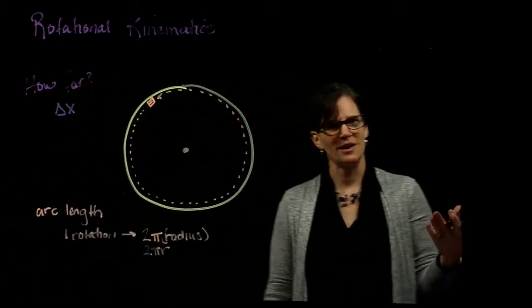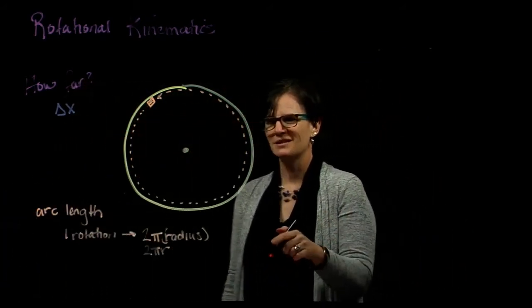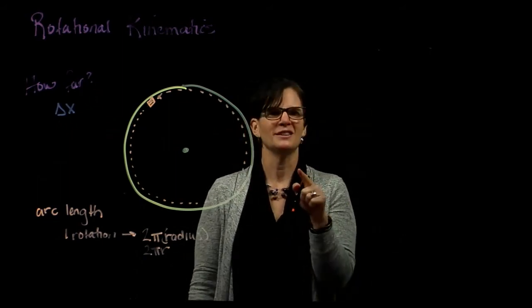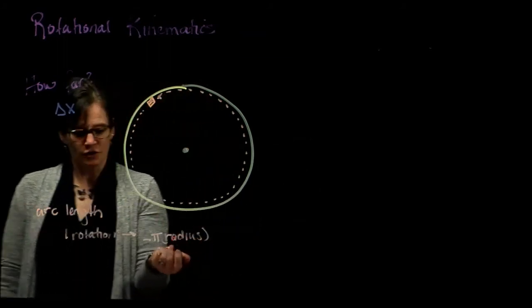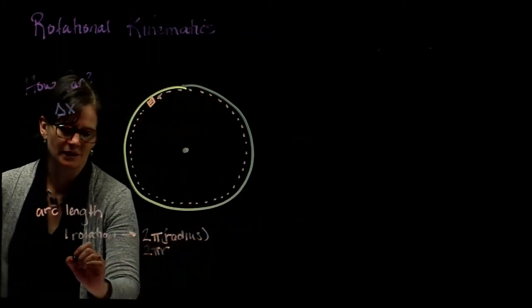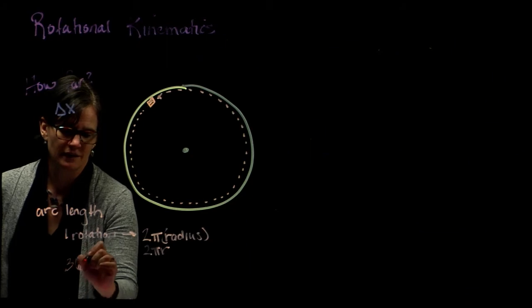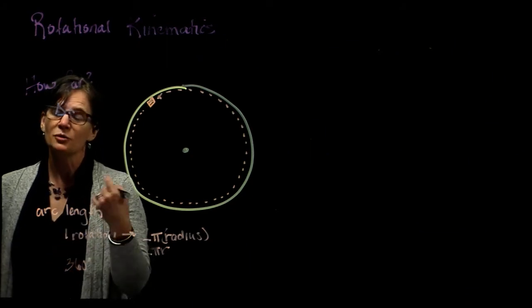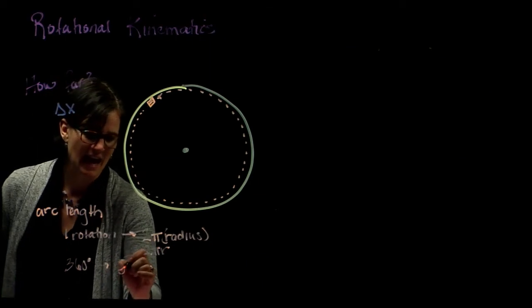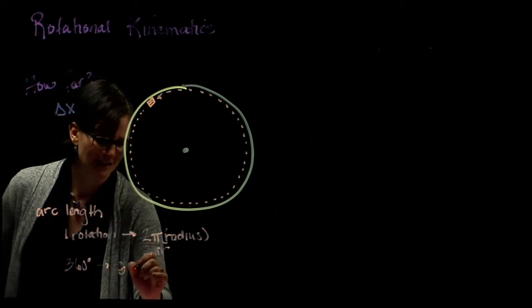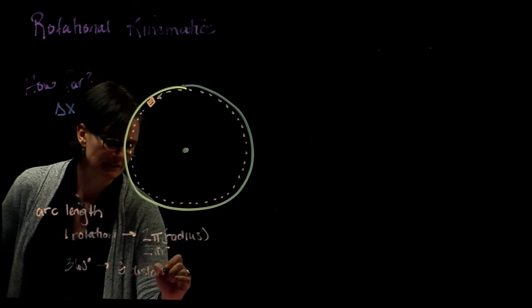Well, what's another way that we can talk about it? Well, we can talk about it as making a complete circle. One rotation. And a full circle is 360 degrees. So we can also talk about the distance as an angle theta, an angular distance.